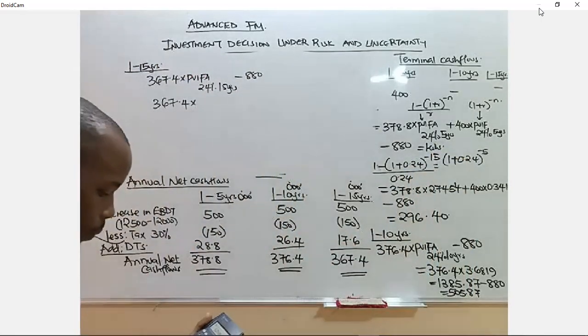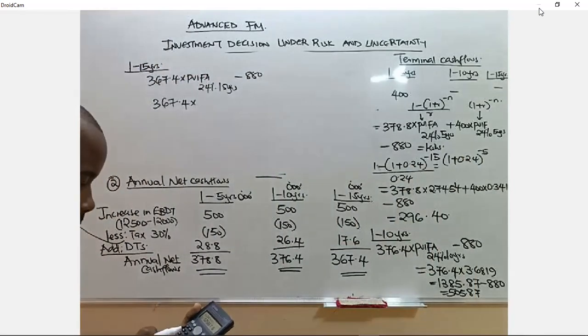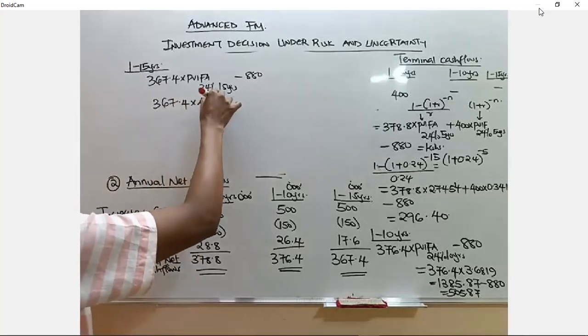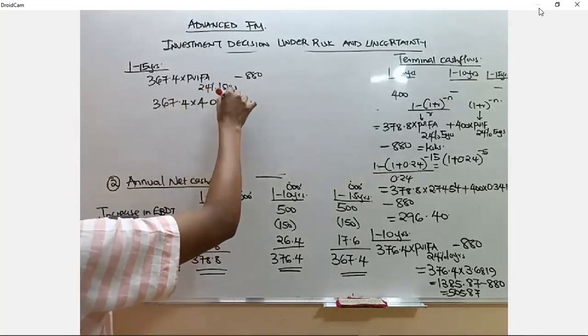So it will be 1.24 raised to negative 15. 1 minus answer, right? Then we divide by 0.24. We are getting 4.0013.